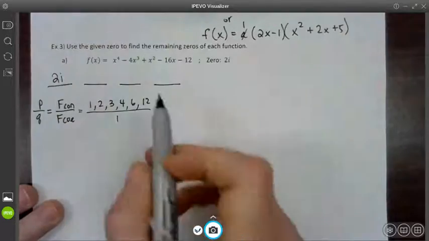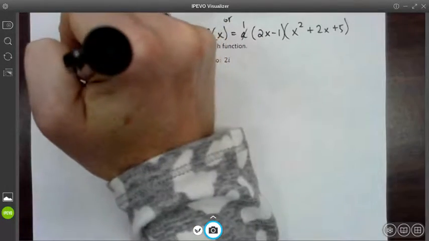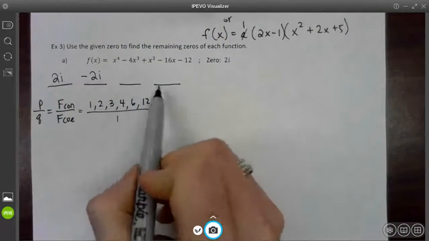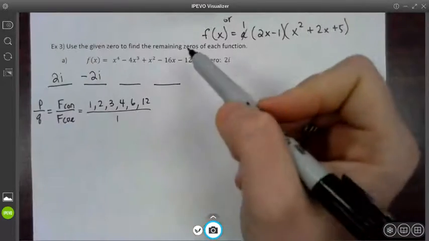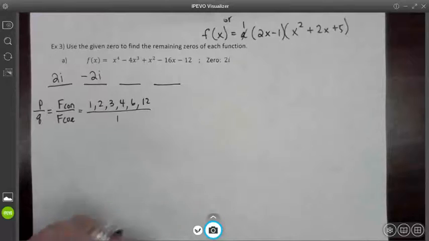So we know 2i is one of our 4 zeros, which means its conjugate, negative 2i, is also a zero. So the other 2 zeros must be irrationals. They're not on this list, so I'm going to need to start breaking this polynomial down to find the last 2 zeros. Think about what they told us.